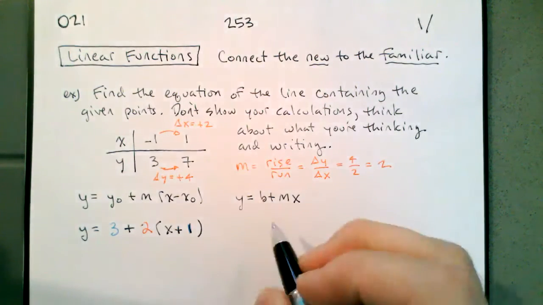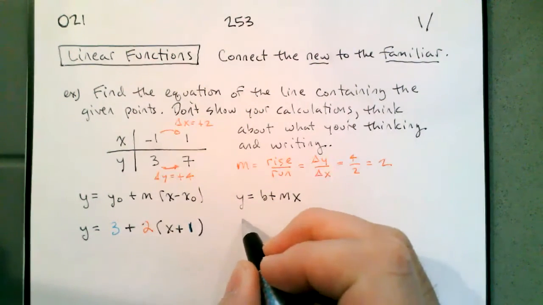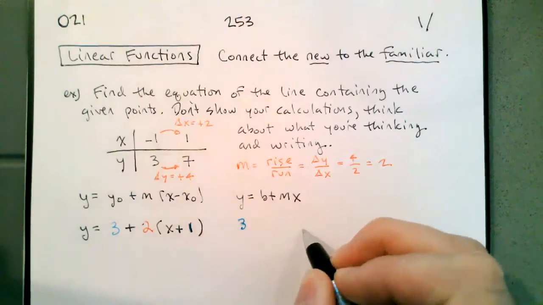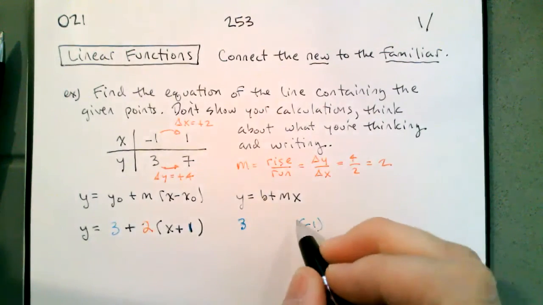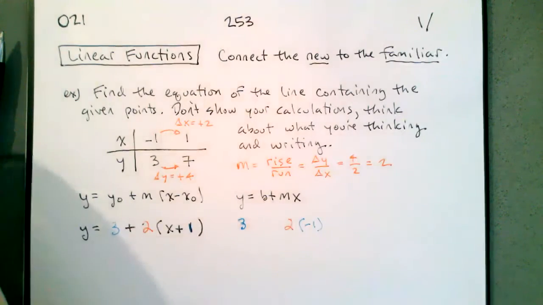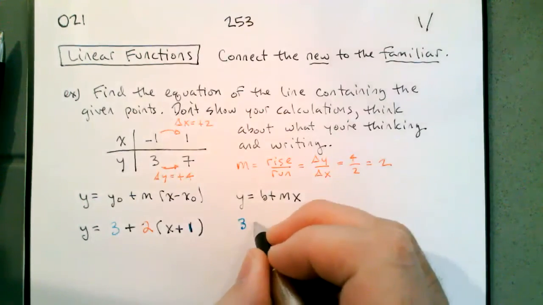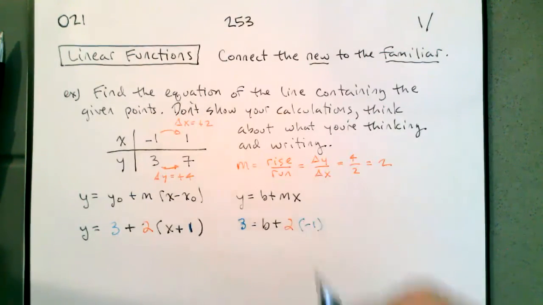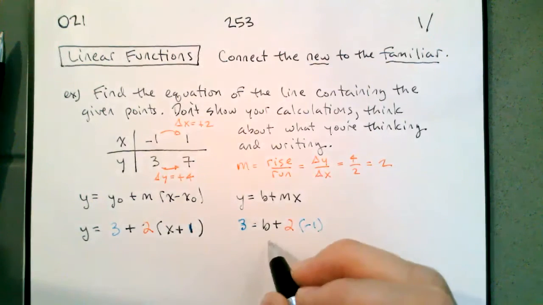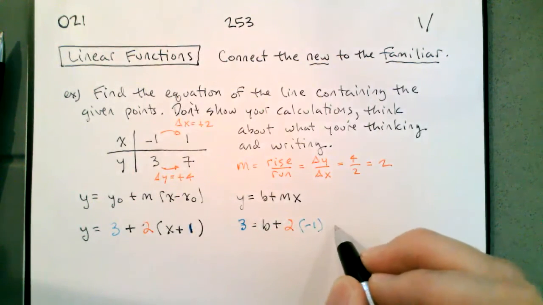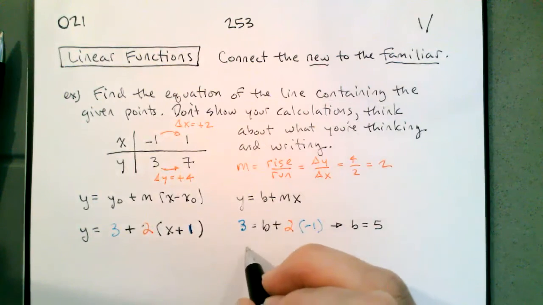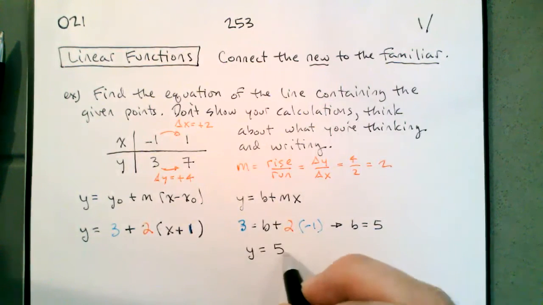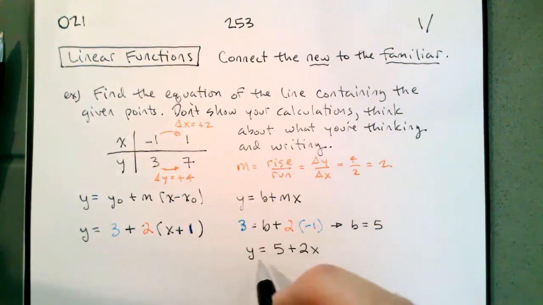So you can take any one of these points, say y is 3 and x is -1. And x gets multiplied by the slope 2. And then so y is equal to b plus m times x. And this tells us that b is equal to 5. So we can write our equation, y is equal to 5 plus 2x.